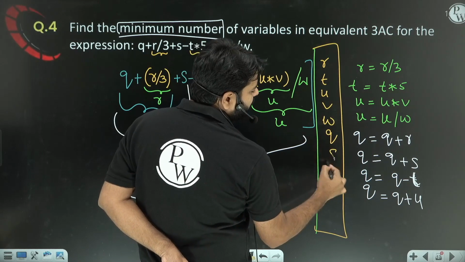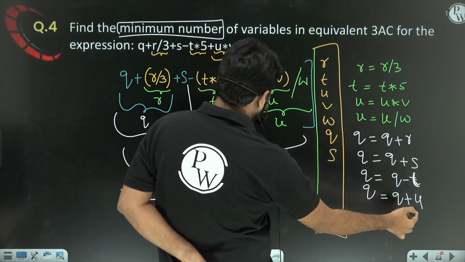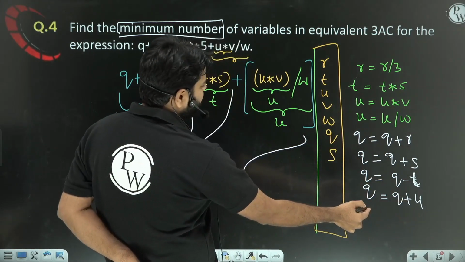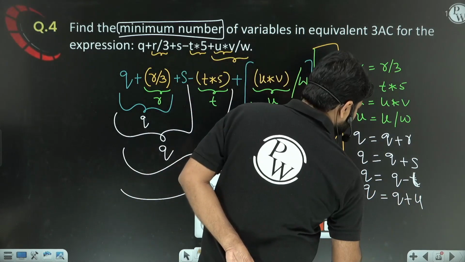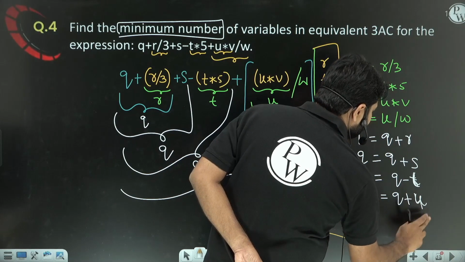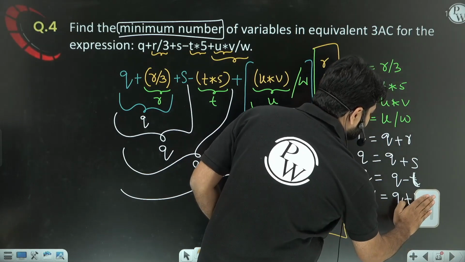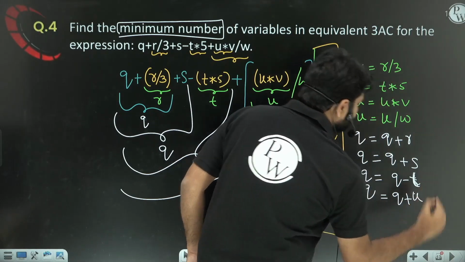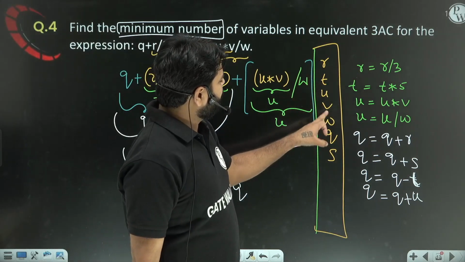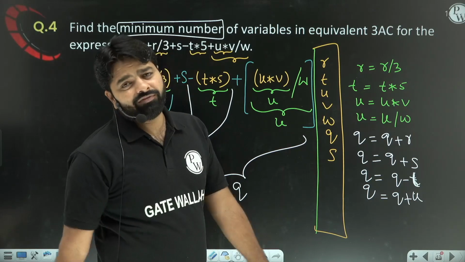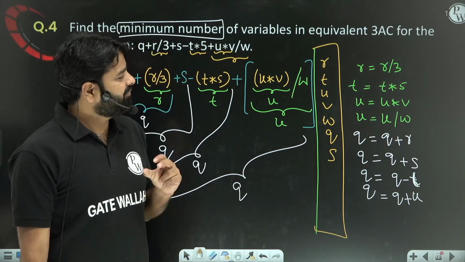S. T is covered, and then the last one is U. It's not 4, it is U. Fine. So how many variables? 1, 2, 3, 4, 5, 6, 7. Total 7 variables needed.